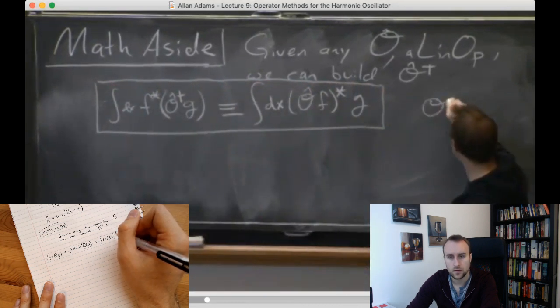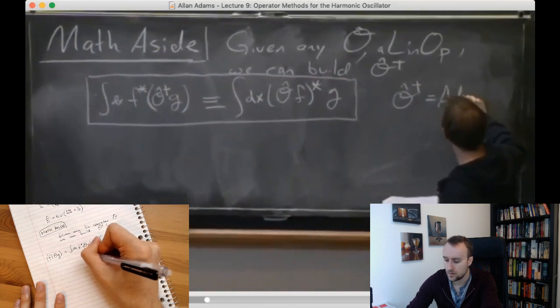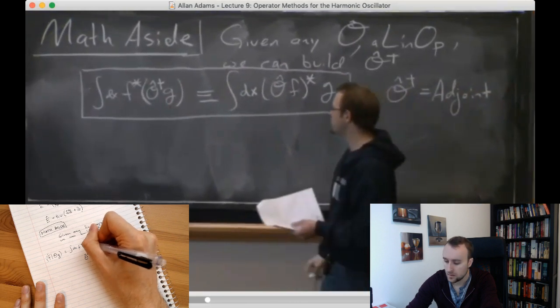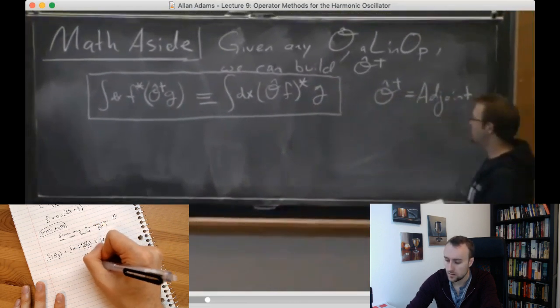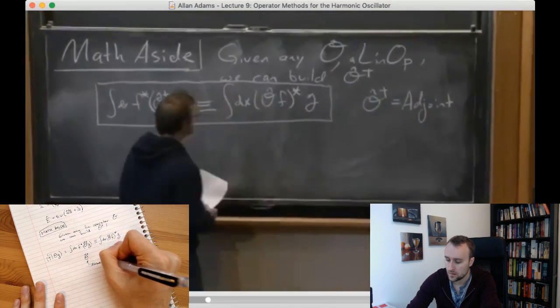Okay, so O dagger, this is the adjoint. Sometimes it's called the Hermitian adjoint. I'll occasionally say Hermitian, occasionally not, with no particular order to it. So what does this mean?